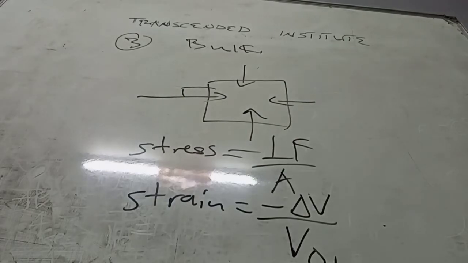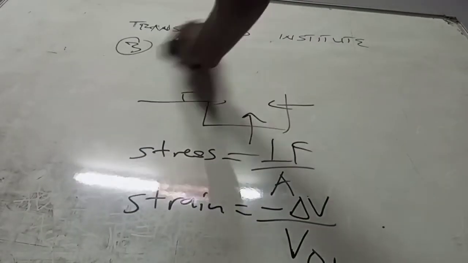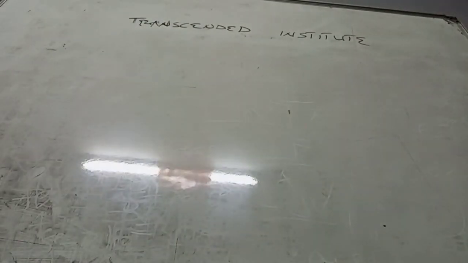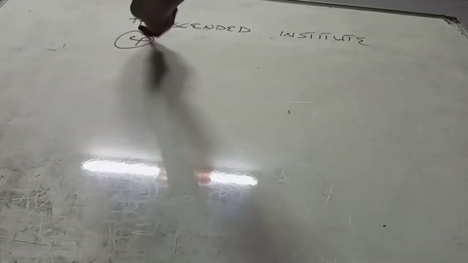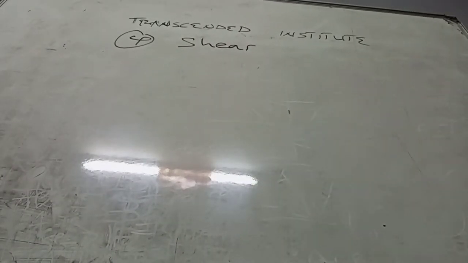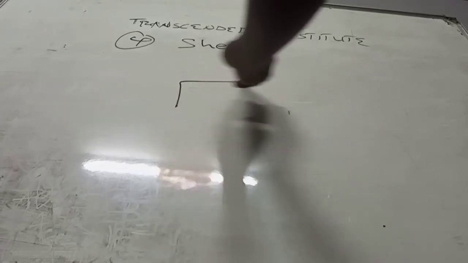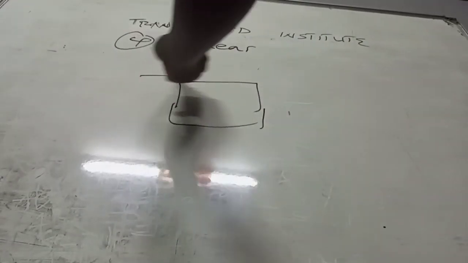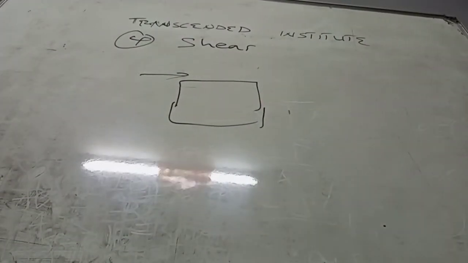All right. Finally, the last type of deformation is a shear. This is a case where you have a solid, and you apply a force parallel to the object.